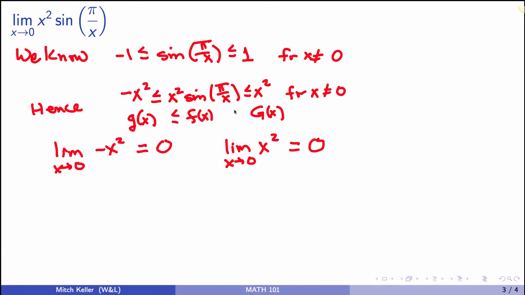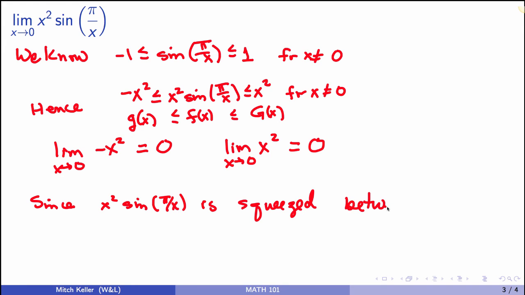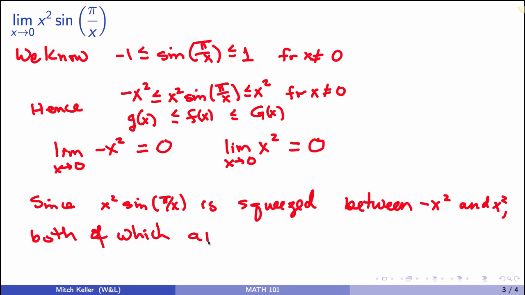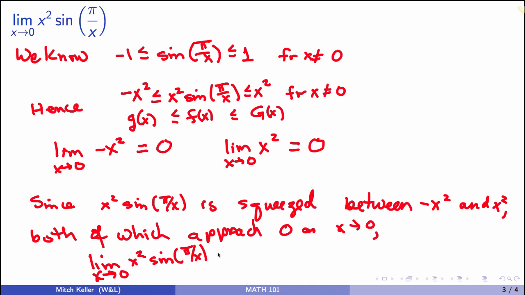And so the squeeze theorem tells us that since little f of x, so since x squared sine of pi over x is squeezed between minus x squared and x squared, both of which approach 0 as x approaches 0, the limit as x approaches 0 of x squared sine of pi over x is really 0 by the squeeze theorem.